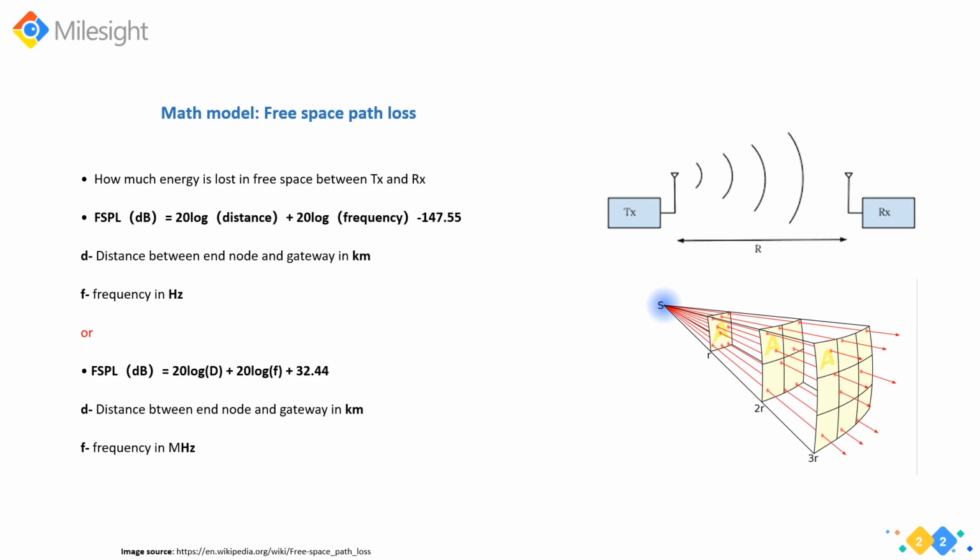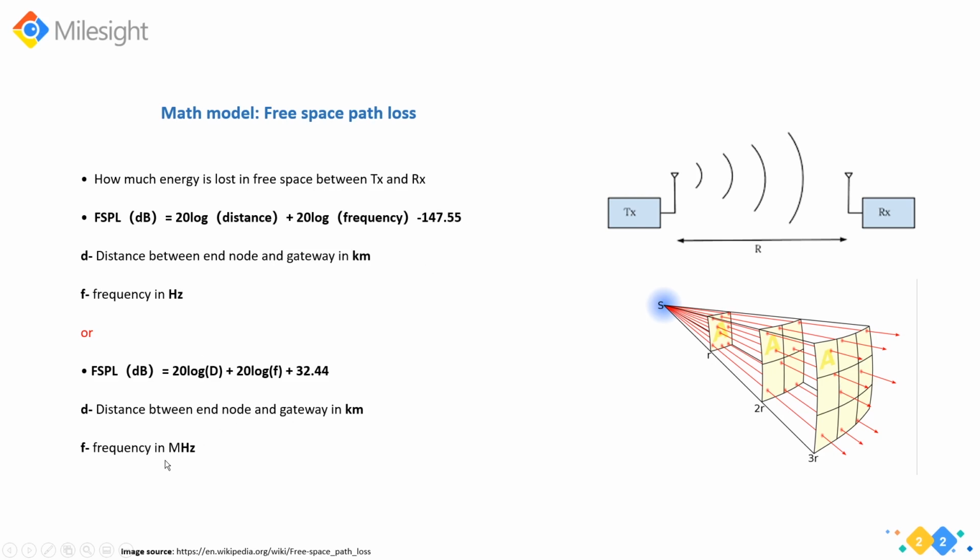So here you can find the free space path loss formula, and it takes into consideration the distance between the transmitter and the receiver, as well as the frequency. If you Google online, you can find two different formulas. The difference between them is the unit. If the frequency unit is in hertz, you can find the formula is minus 147.55.